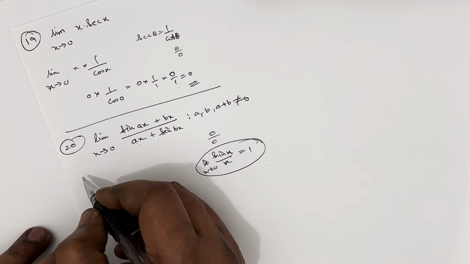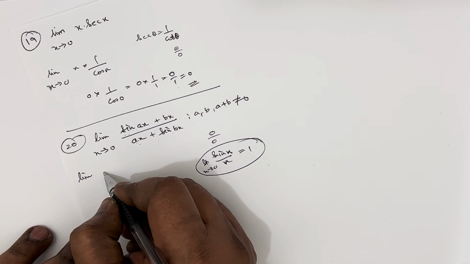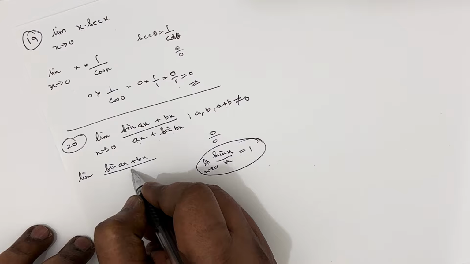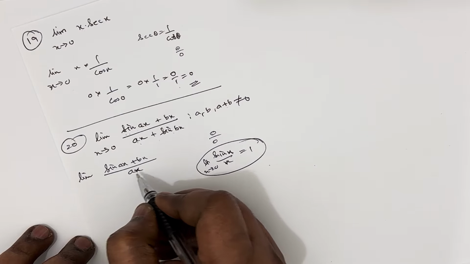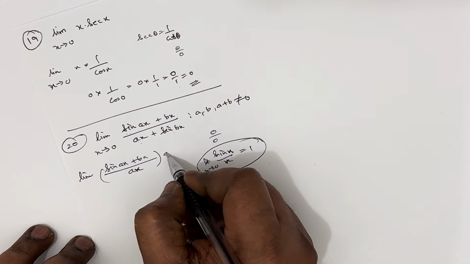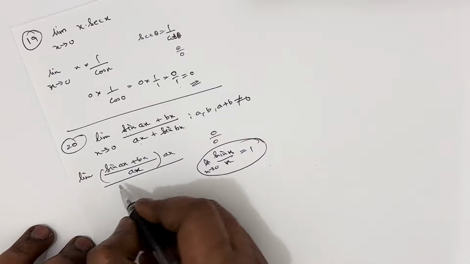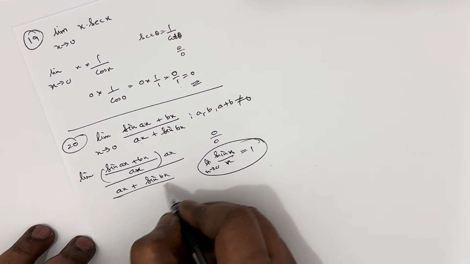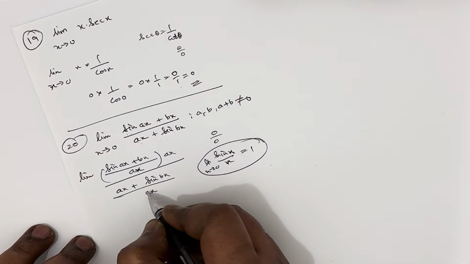Now limit, sine ax upon ax. To balance this, we have to multiply again by ax, whole divided by sine bx upon bx.